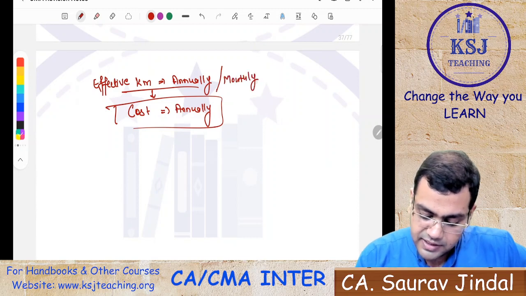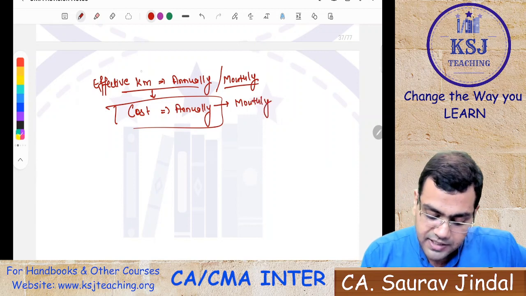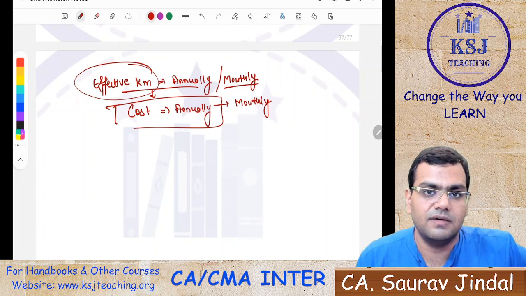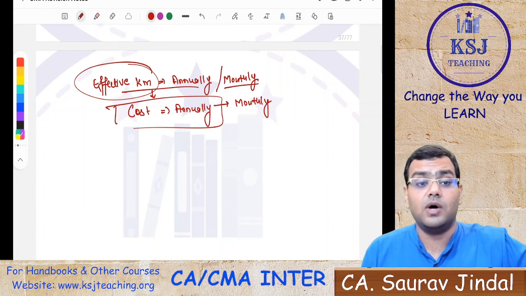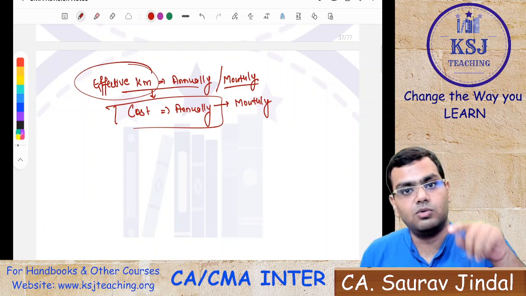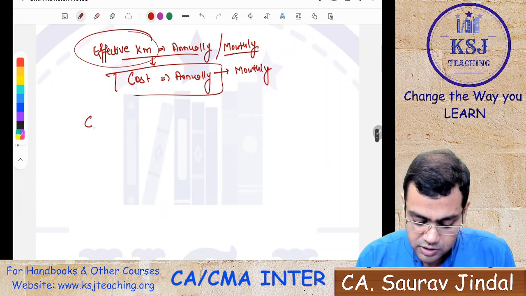If it is monthly, then your cost should also be monthly. So it all depends upon the effective kilometers or effective ton kilometers, whatever value you are finding out. If you are finding out that value annually, you have to take the cost annually. Because ultimately what will you find out? Ultimately you are going to find out the cost per effective kilometer.